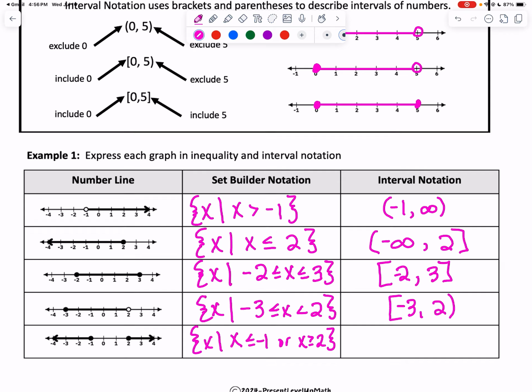In interval notation, we're going to have to do two different intervals here. The first one we'll do -infinity to -1, bracket and a parenthesis, and then 2 to +infinity.